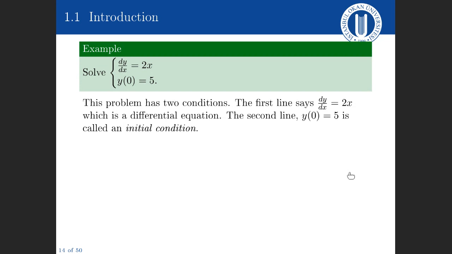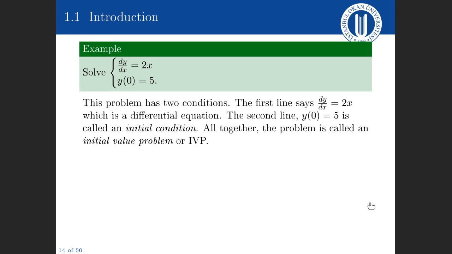The second line, which says that we must also have that y of 0 is equal to 5, is called an initial condition. And altogether, the problem is called an initial value problem, or IVP. The whole problem, the differential equation and the initial condition together, is called an IVP, or initial value problem.